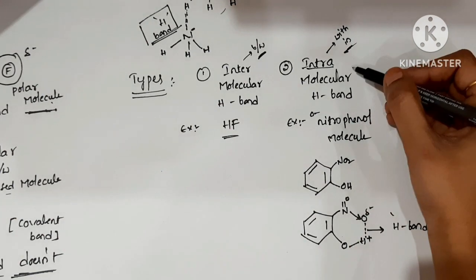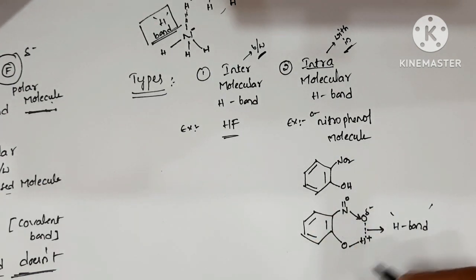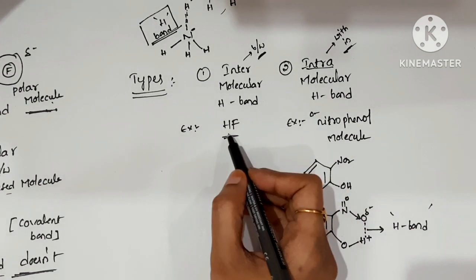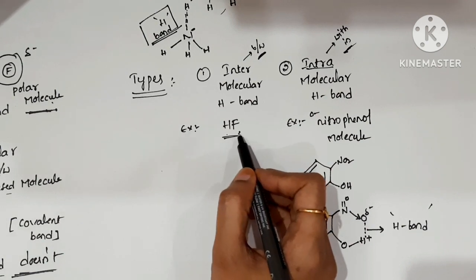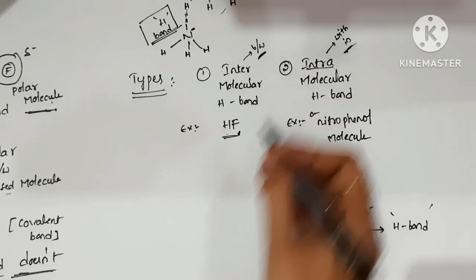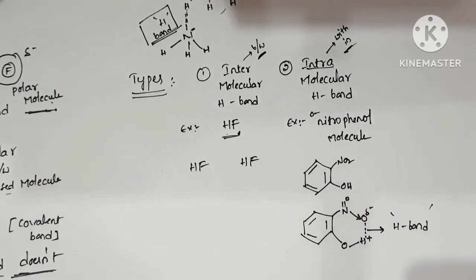So the intramolecular hydrogen bond is formed within the molecule, whereas the intermolecular one, like the HF molecule, is formed between the molecules, between one HF molecule and another. Hydrogen bond is formed between the molecules here, and within the molecule there. Thank you for watching.